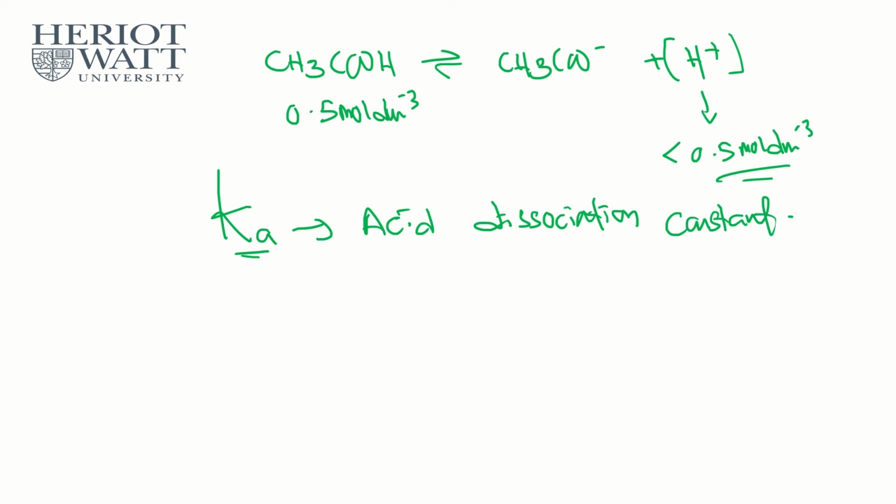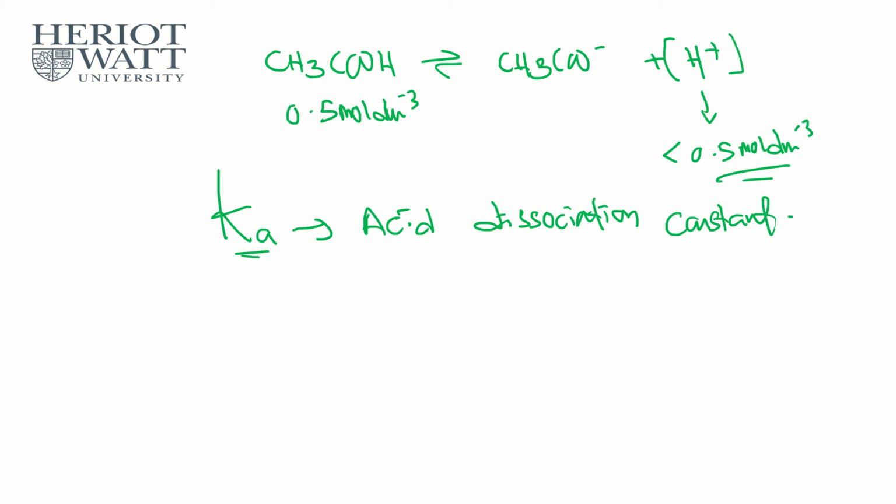And a reminder for you, only weak acids have a Ka value. So if it is a strong acid, you don't expect to see any Ka value because it fully dissociates. When something partially dissociates, you need a constant value to measure the extent of dissociation, how much they actually dissociate.